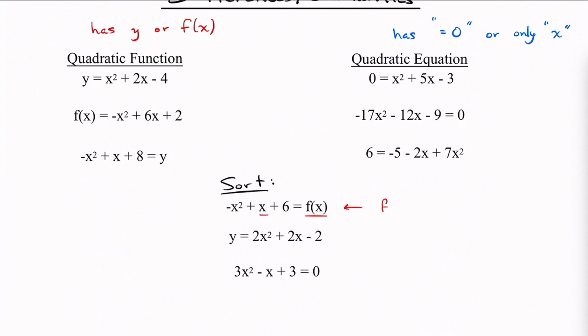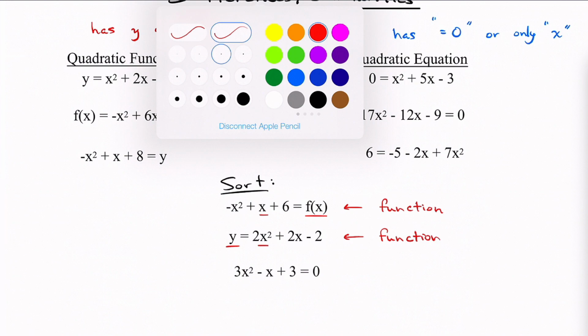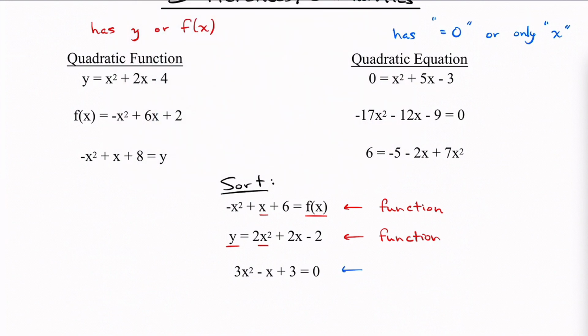So that is a function. The second one also has a y and x, so that is also a function. And the last one only has x's, so this is an equation.